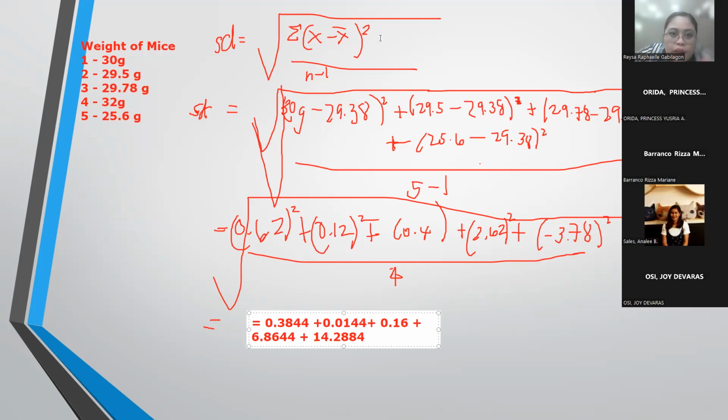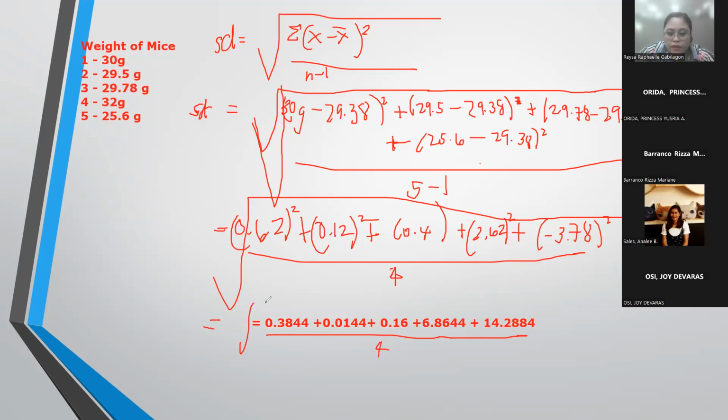Okay. And then this is again divided by 4, then you get the square root. The square root is last.